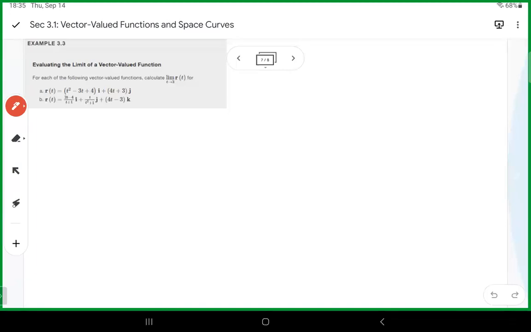All right, so evaluating the limit of a vector valued function. For each of the following vector valued functions, calculate the limit of R of t as t approaches 3. So for part A, we're going to have the limit as t approaches 3 of t squared minus 3t plus 4 i plus 4t plus 3 j.